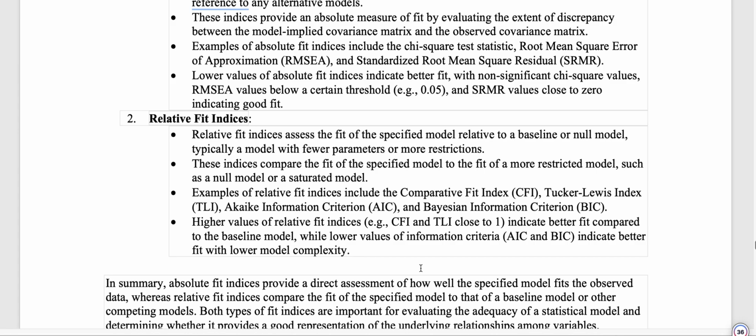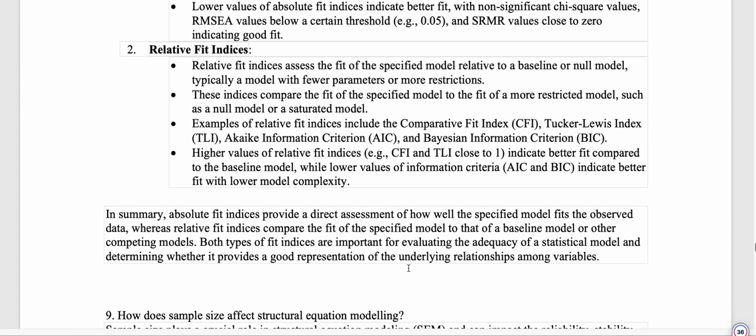Examples of relative fit indices include the Comparative Fit Index, CFI, and TLI, and AIC. CFI and TLI close to 1 indicate better fit compared to the baseline model, while lower values of the information criteria AIC and BIC indicate better fit and lower model complexity.